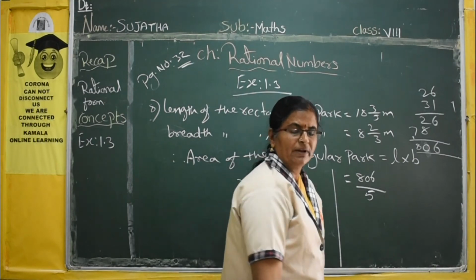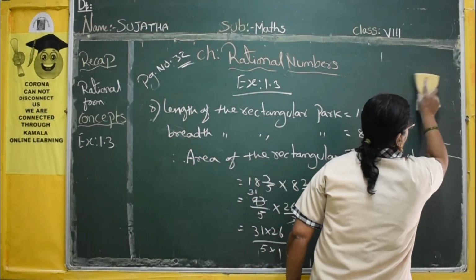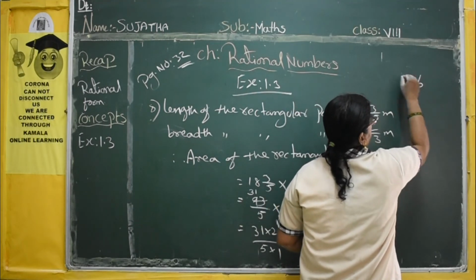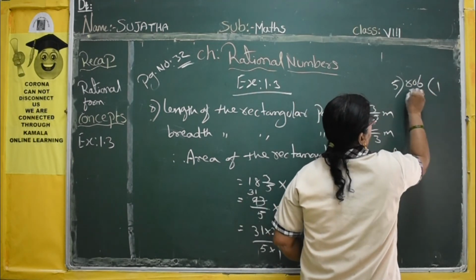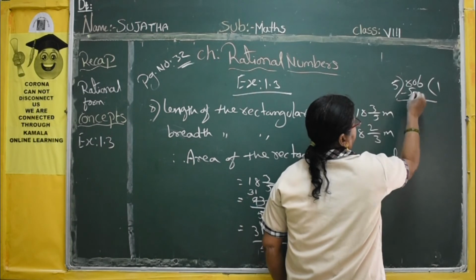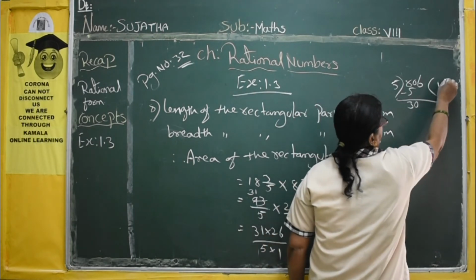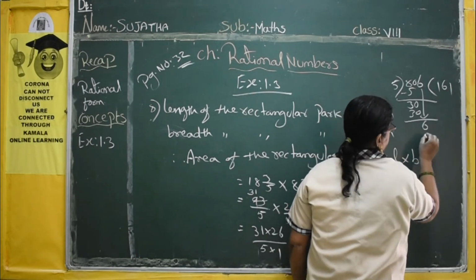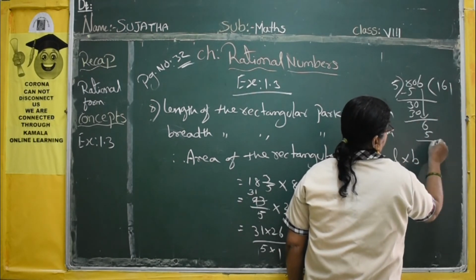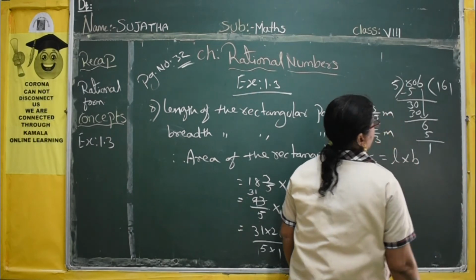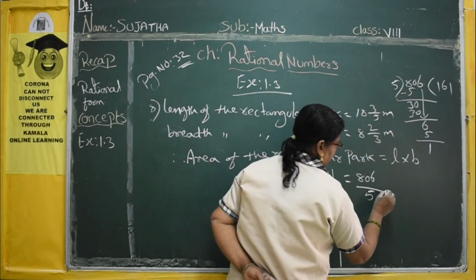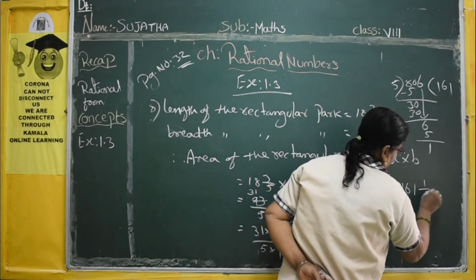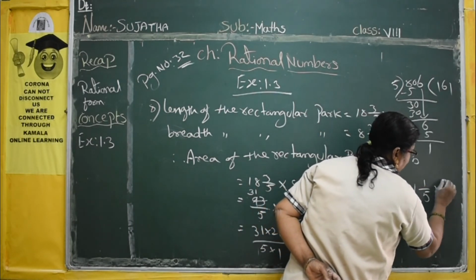It is an improper fraction, so change it into a mixed fraction. Divide 806 by 5. 5 ones are 5, 8 minus 5 is 3. Carry down 0, 30. 5 sixes are 30. Now carry down 6. 6 ones are 6, 5 ones are 5, 1. So what will you get now? 161 1 by 5 meter square.